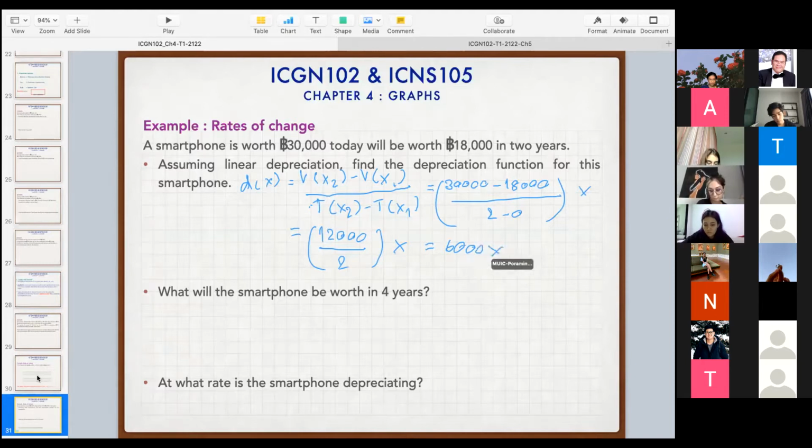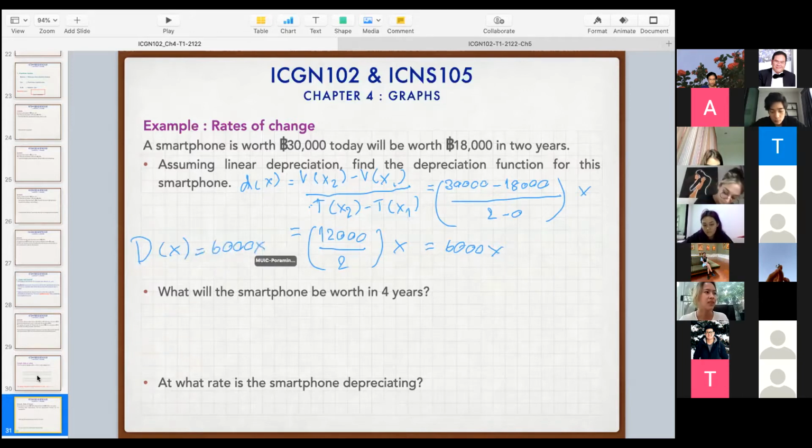Okay. So in this one, the depreciation function is dx, or somebody may use Dx here, while x means the number of years. C equals 6,000x in this case. So when you have the depreciation function already, what will the smartphone be worth in 4 years?